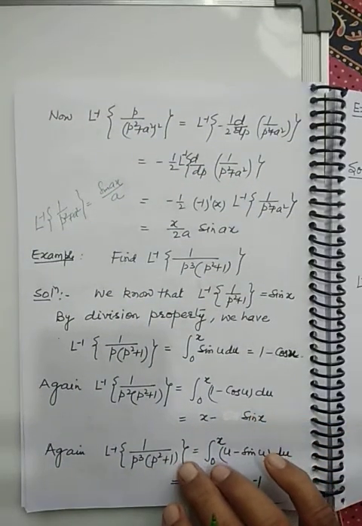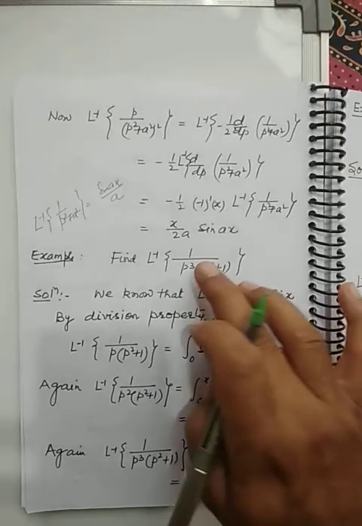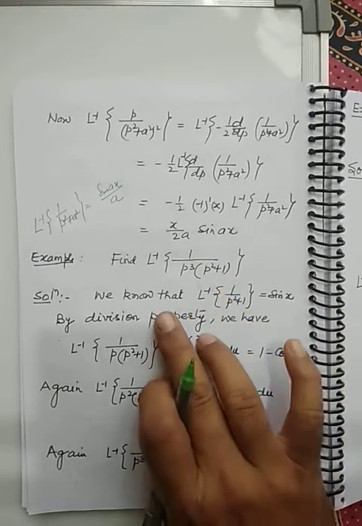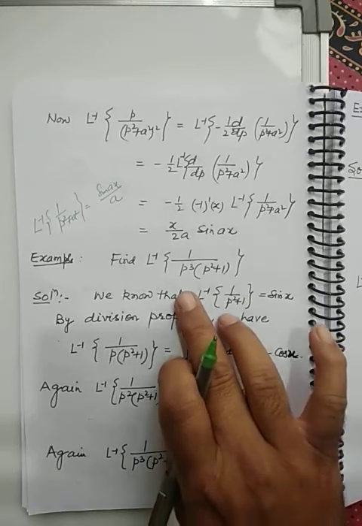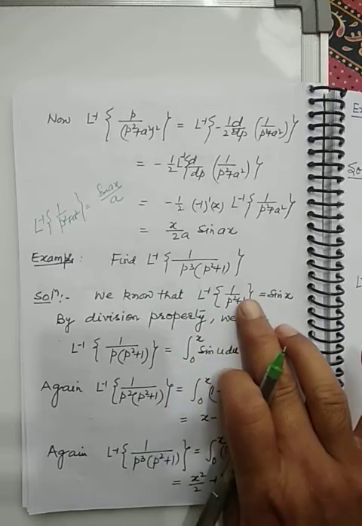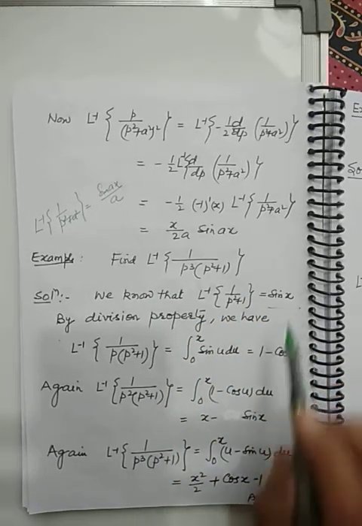The next example, find the inverse Laplace transform of 1 upon p cube into (p square plus 1). This is the example of division by p. We know that the inverse Laplace transform of 1 upon p square plus 1 will be equal to sin x.